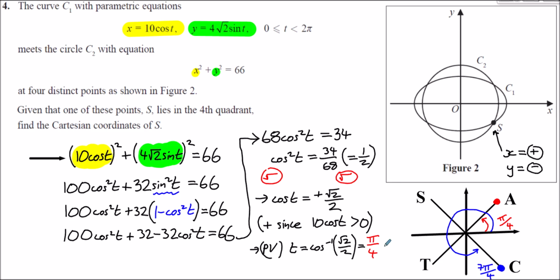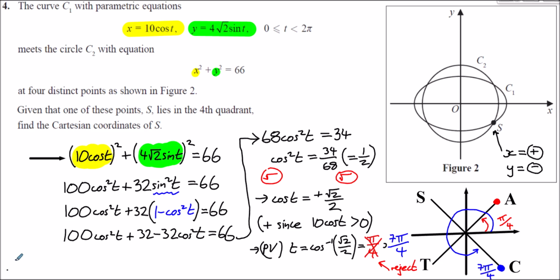So this principal value is actually no good. What we need is 7 pi over 4. So this one here we're going to reject, because we require sine to be negative. So then we can piece in, therefore, the coordinates of s.